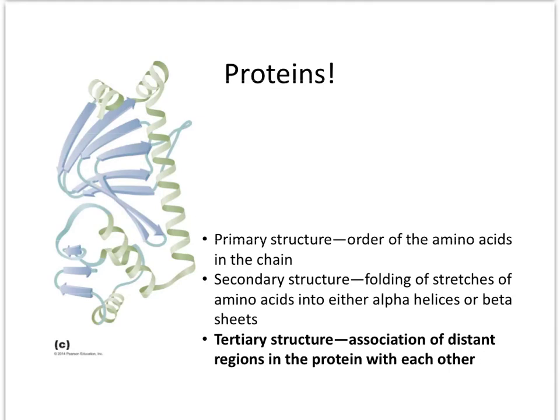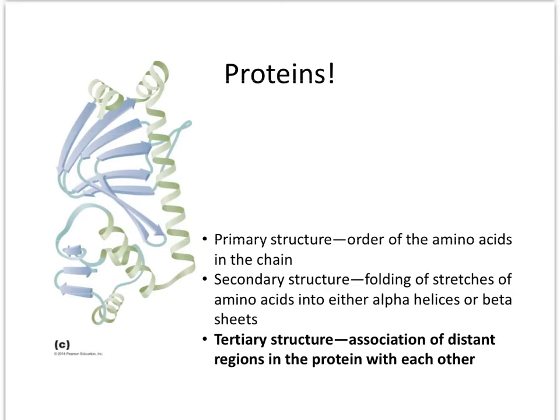And what we see is that this protein, the primary structure, the order of those amino acids, has caused regions of the protein to develop into alpha helices and beta sheets. And these beta sheets and alpha helices all over the structure of the protein cause the whole protein to assume a very, very distinctive shape. And this overall 3D shape of the protein is what we refer to as the tertiary structure.